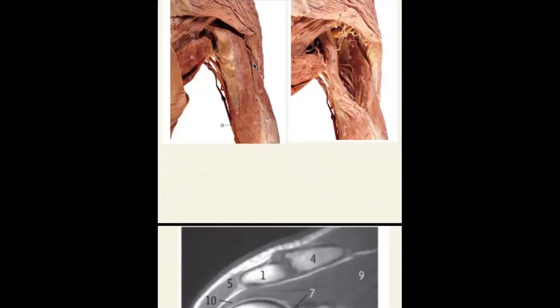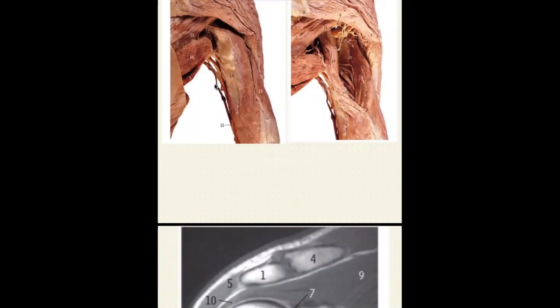And from the third part, subscapular and the anterior and posterior humeral circumflex arteries. That means before the pectoralis minor, the first part gives origin to the superior thoracic artery.